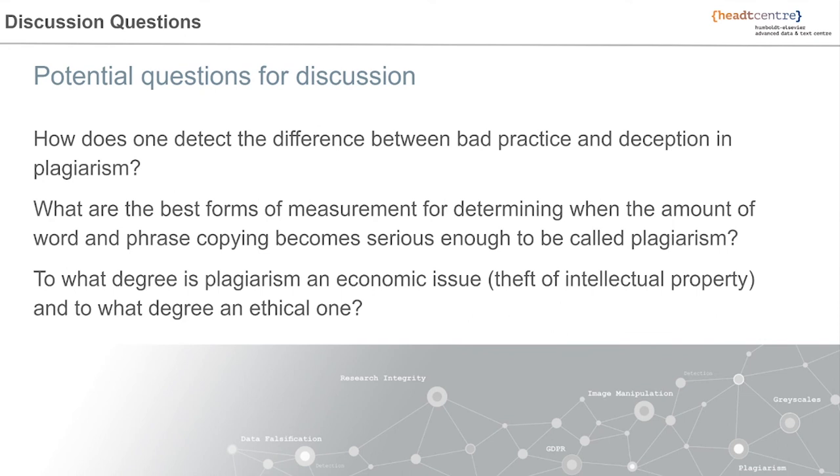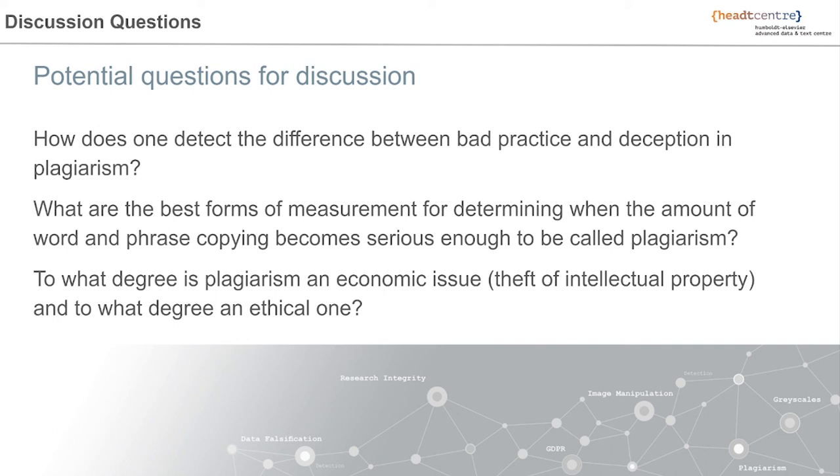Some of the potential questions that we should be talking about for plagiarism: how does one detect the difference between simple bad practice and deception? Deception really is hard to prove. Most people simply make errors, and the question is how much negligence is really necessary before there are serious consequences.